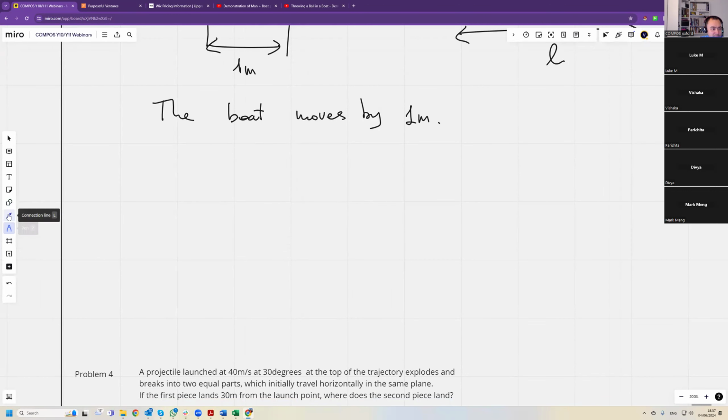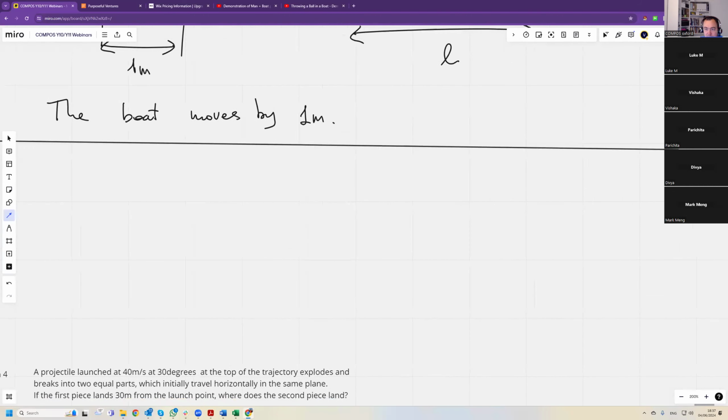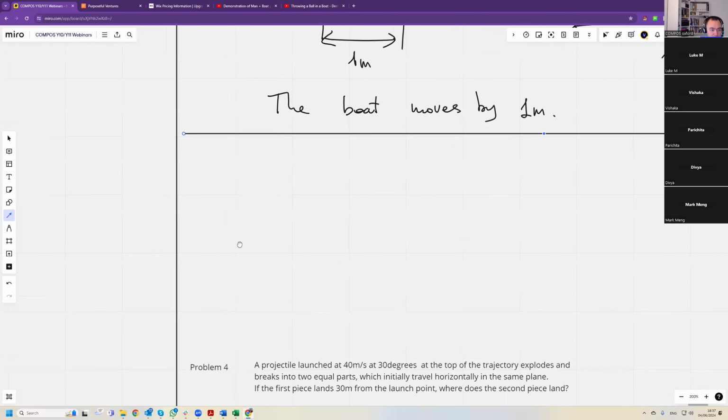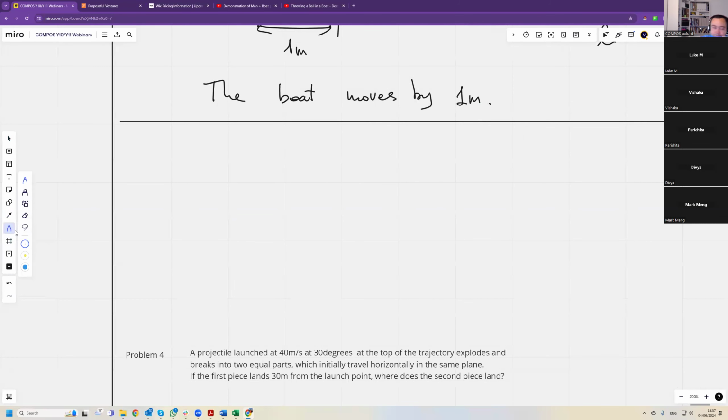Throwing a ball in the boat. So there's a person and he's throwing a ball and the ball lands in the canoe.